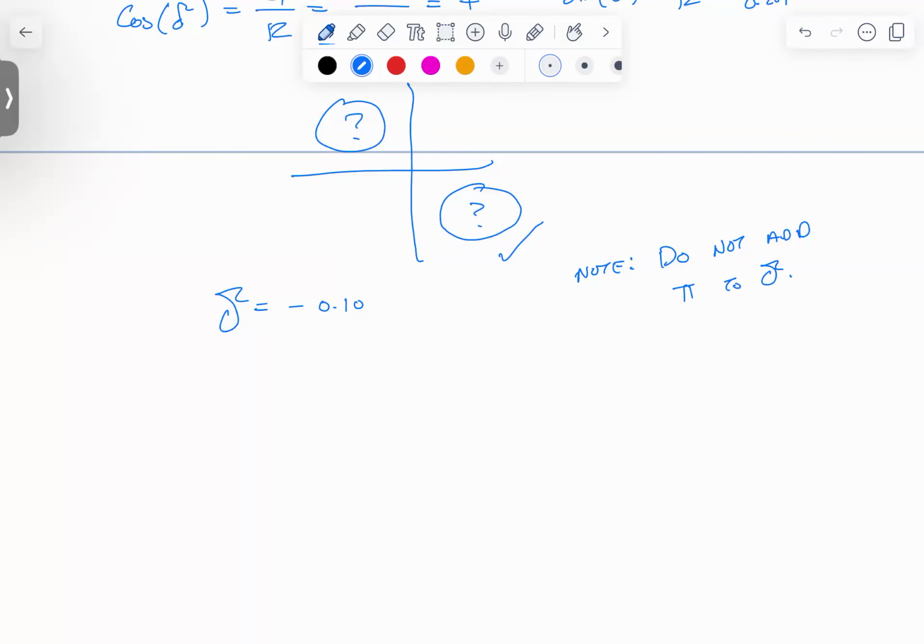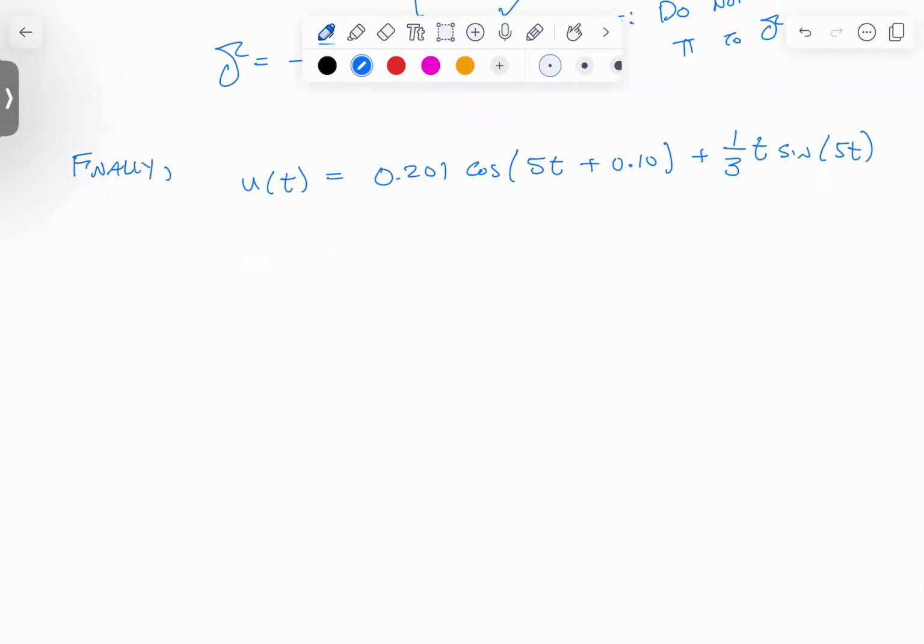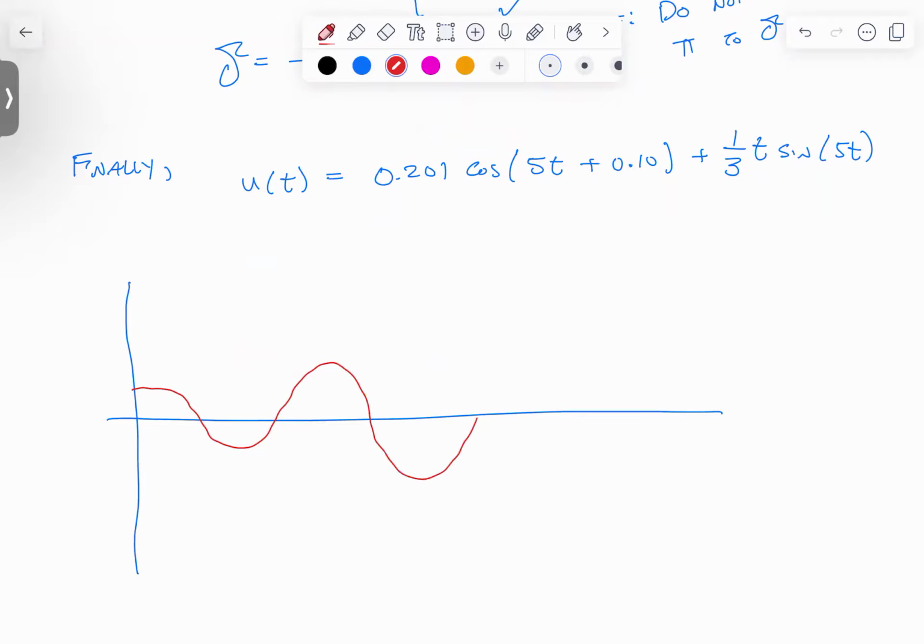So again, knowing when you don't need to is important as well. And since that is negative, remember the form, that becomes positive. I was going to say, is this going to grow and grow and grow?